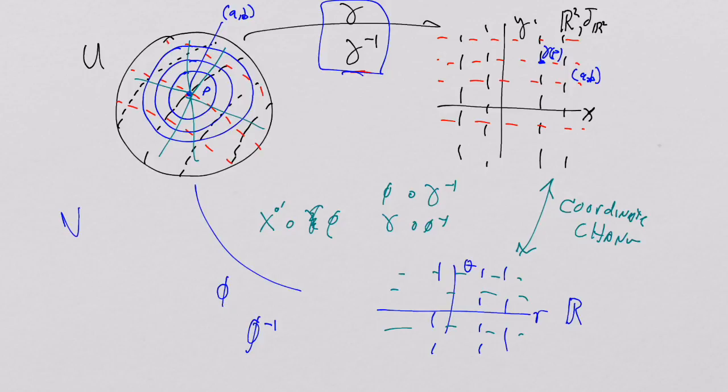But either way, this is how coordinate systems are laid down on your manifold. This is the construction that does it. It's these lines of constant values of these functions being pushed back by the inverse of the mappings. And that's all that's going on. So that's how these coordinate changes, these transition functions, are related to coordinate changes. And that was the point of this segment of my talk.